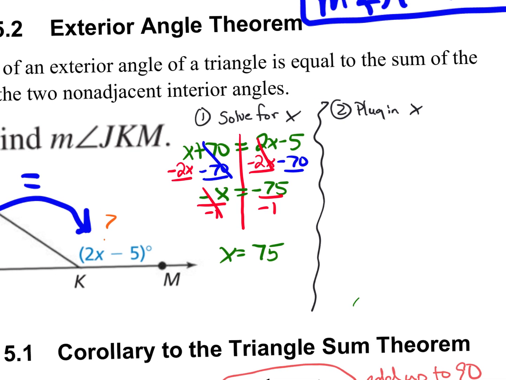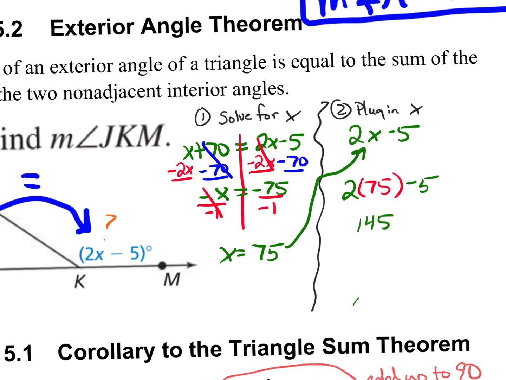So I'm going to take that 2x minus 5, and I'm going to plug that 75 into x. So that's going to be 2 times 75 minus 5. Okay, 2 times 75 is 150, minus 5 is 145. So our final answer, the measure of angle JKM, is equal to 145 degrees.